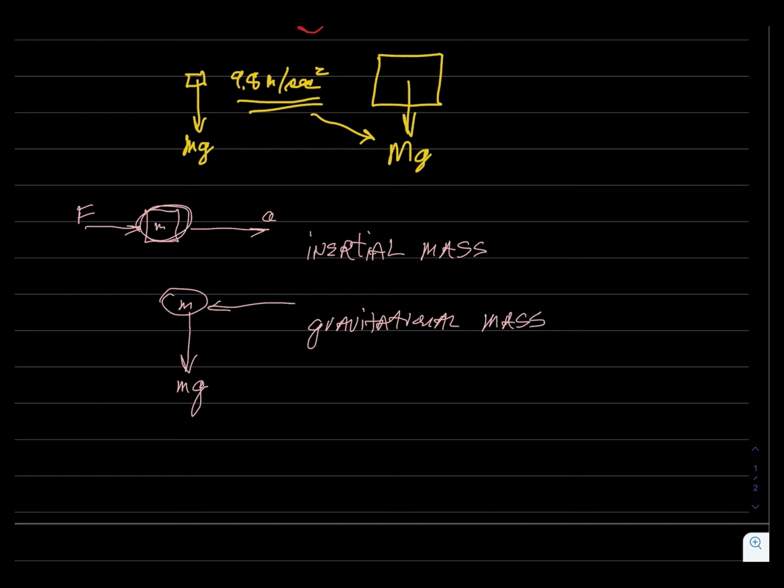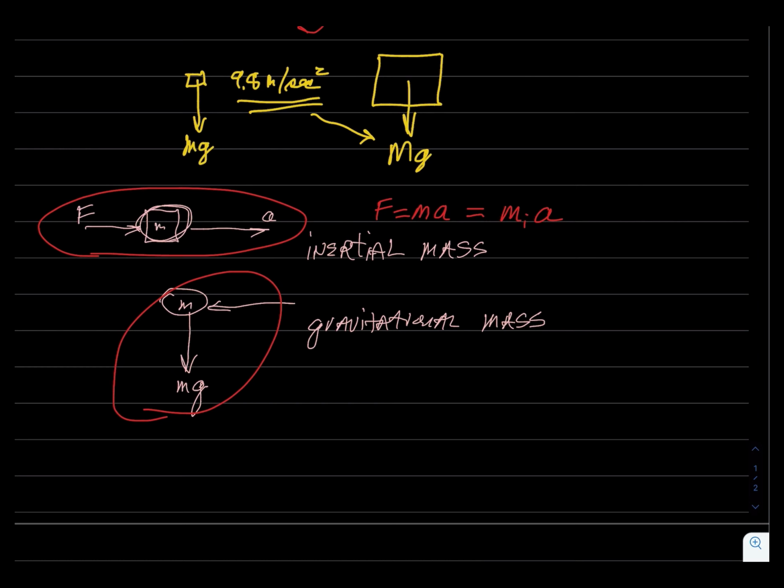And the gravitational mass of the object is the property that gravity grabs hold of to provide exactly the force to give it the acceleration 9.8 meters per second squared. So we never write it like this, but really, in this situation, if we're saying F equals ma, what we're really saying is the force applied equals the inertial mass of the object times its acceleration.